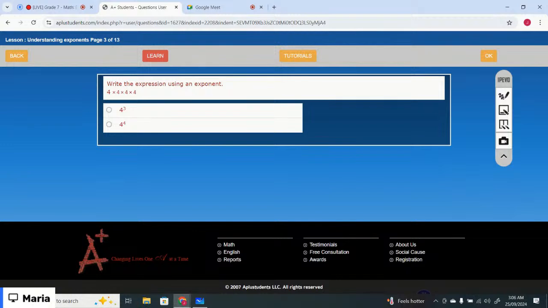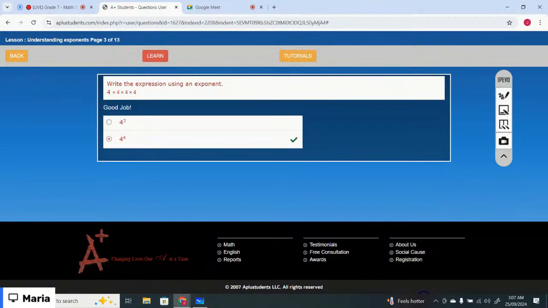Write the expression using an exponent. So which is the correct option? You are multiplying 4 how many times? You're multiplying 4 4 times. So option number 2 is the correct option. That is 4 exponent 4.